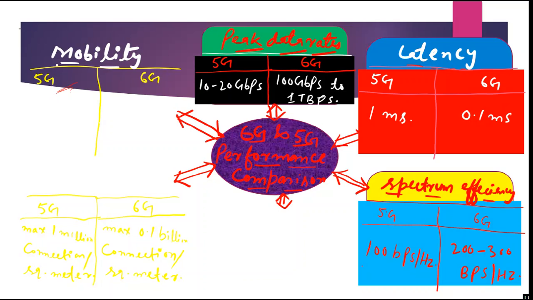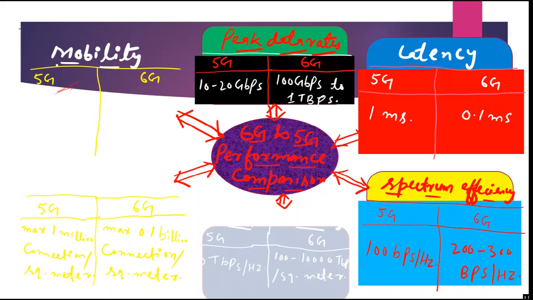As we know, the 5G spectrum is in the gigahertz range, and the 6G is the terahertz spectrum. So in case of 6G, the spectrum efficiency is 200 to 300 bits per second per hertz. So the 6G spectrum is 2 to 2.5 times more efficient than 5G.